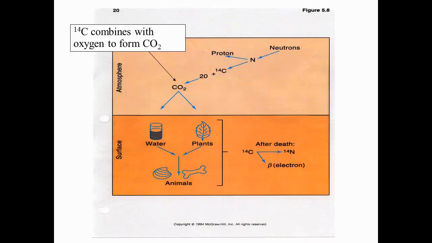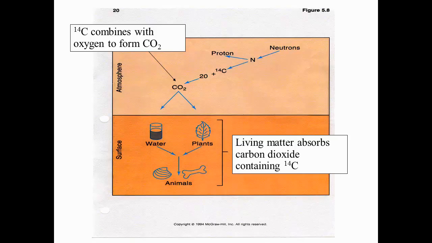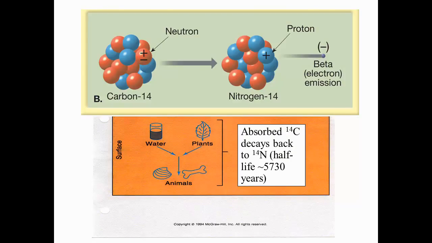Now from there, the carbon-14 combines with oxygen in the atmosphere to form CO2. From there, living matter absorbs the CO2, some of which contains carbon-14. Now, the absorbed carbon-14 is unstable and will eventually decay back to nitrogen-14 with a half-life of a little over 5,000 years.